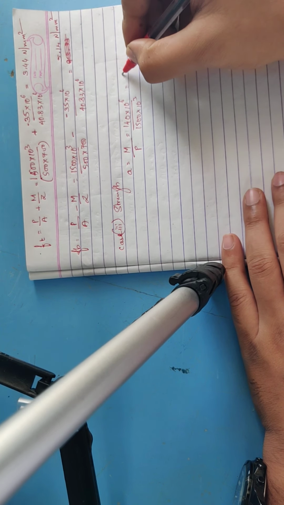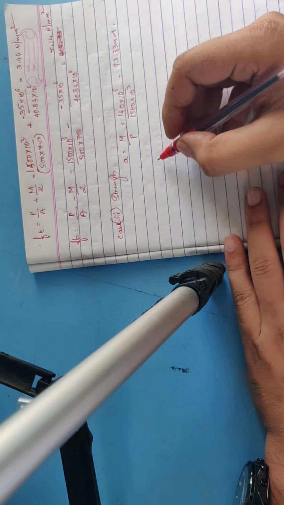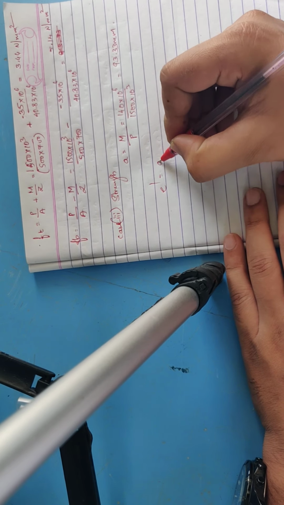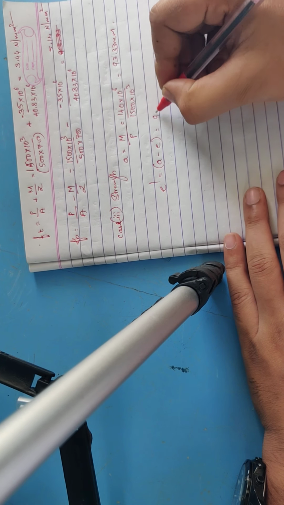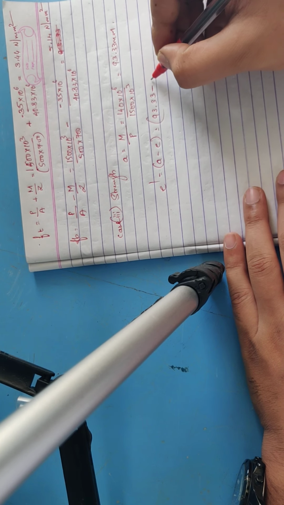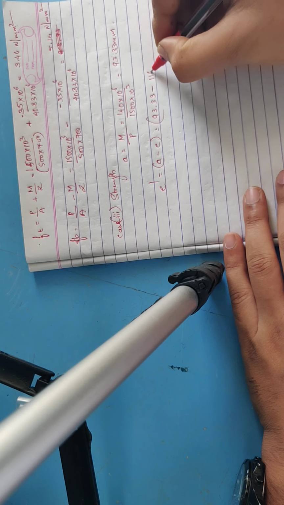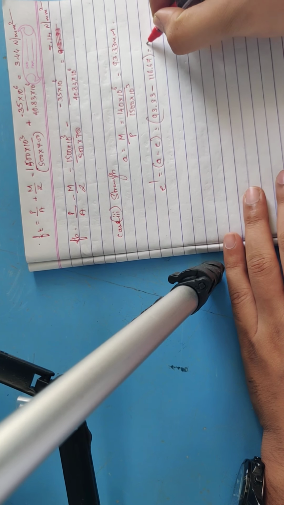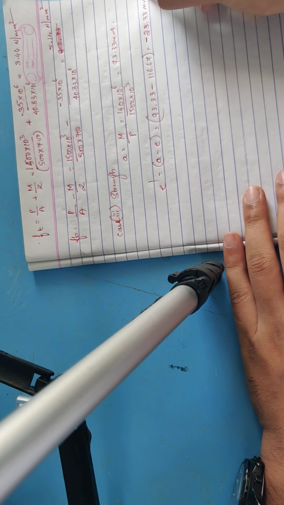You will get 93.33 mm. We know that a dash is given by a minus e: 93.33 minus e value 116.67, we will get minus 23.33 mm.